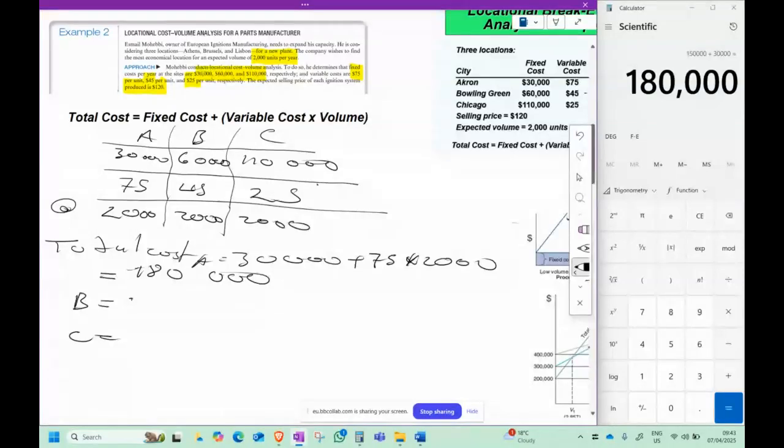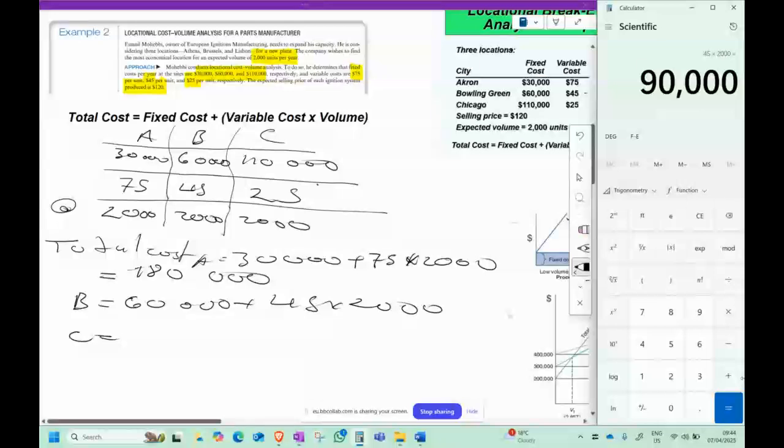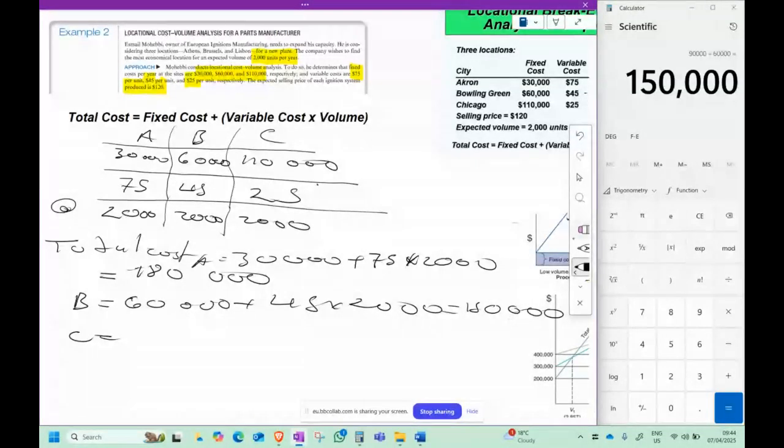Then over here we have 60,000 plus 45 multiplied by 2,000. 45 multiplied by 2,000 equals this plus 60,000, which gives 150,000.